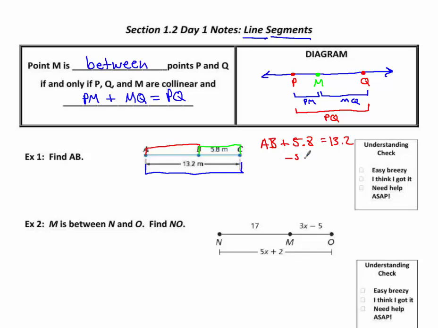So we subtract 5.8 from both sides, and we come up with AB is equal to 7.4. And that's our answer. And remember, this AB means the distance from A to B. And that's just how we write it. AB, there's no line above it, no mark above it, and that's it.